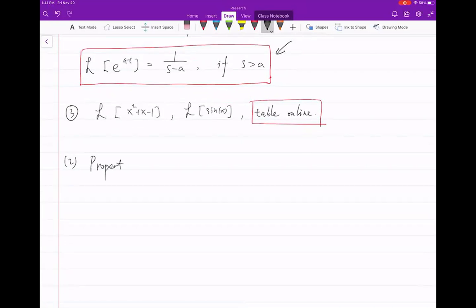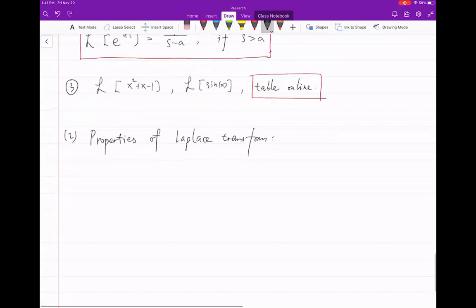Now, number two. Of course, how does this help us to solve differential equations? We need to talk about properties of Laplace transform. Okay. The first one is quite easy. L is linear.